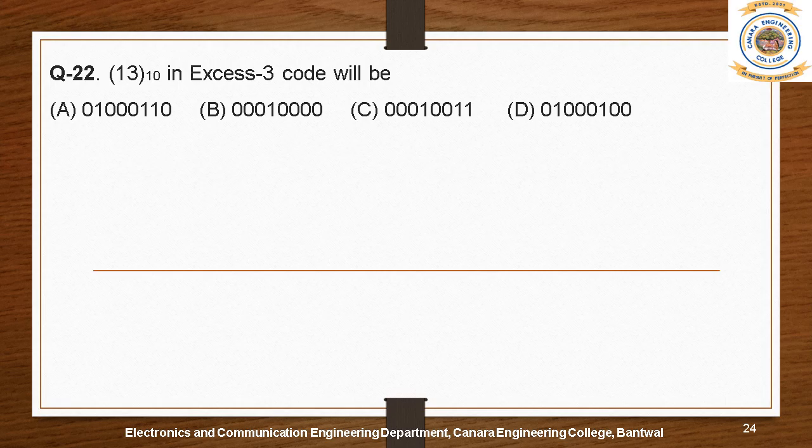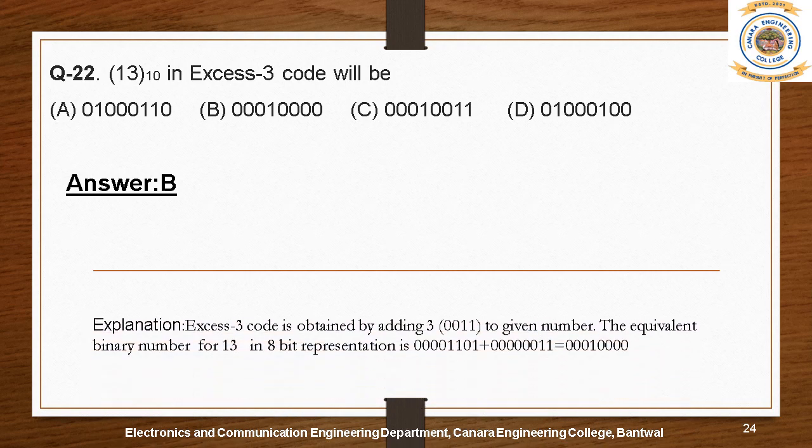Next, 13 in XS3 code. XS3 code, as the name itself indicates, you write 13 in binary, then you add 3 to it. You increase it by 3. So 0001 0011, you should add binary 3 to it.